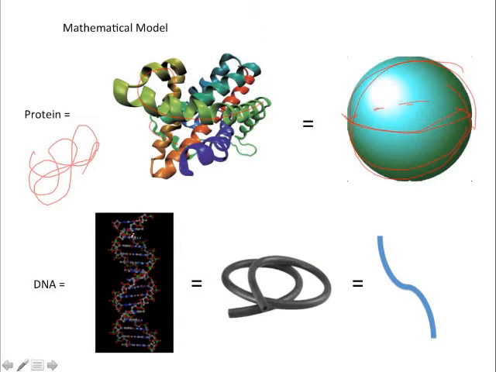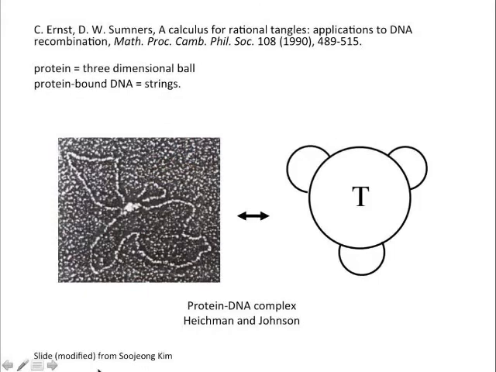Our DNA, we will ignore the nice double helical nature, we'll ignore the sequence, and we will just think of DNA as rubber tubing or just an arc. Well, why does this model make sense? Well, here's a picture of protein bound to DNA.